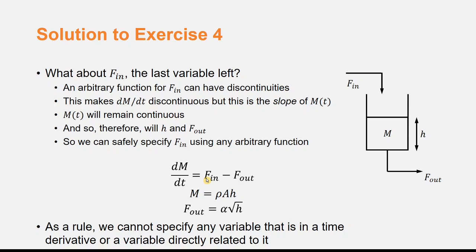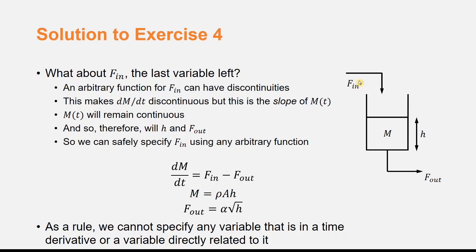So F in is the variable that we must specify. We can use this to derive a simple rule to help us choose the right variables to specify. Any variable that is inside a time derivative cannot be specified, and nor can any variable that is directly related to it.